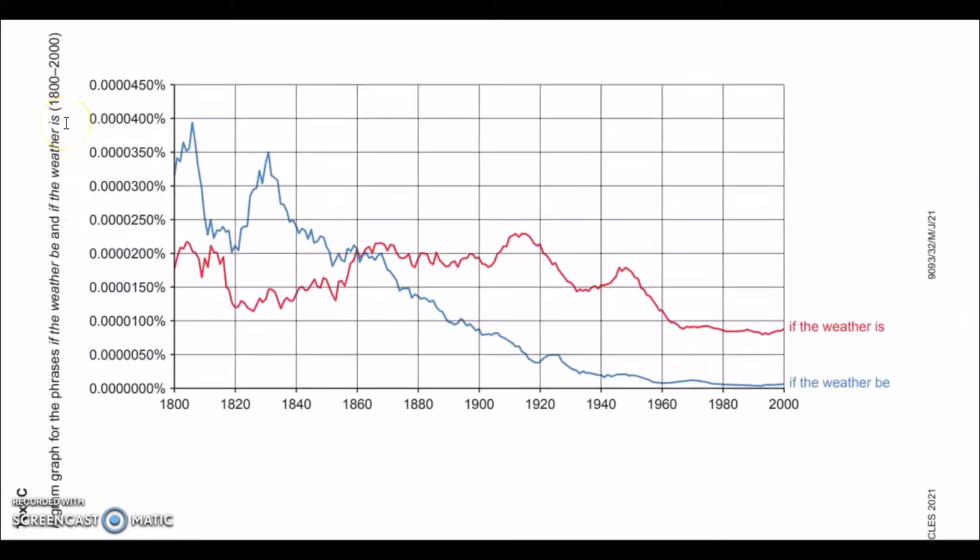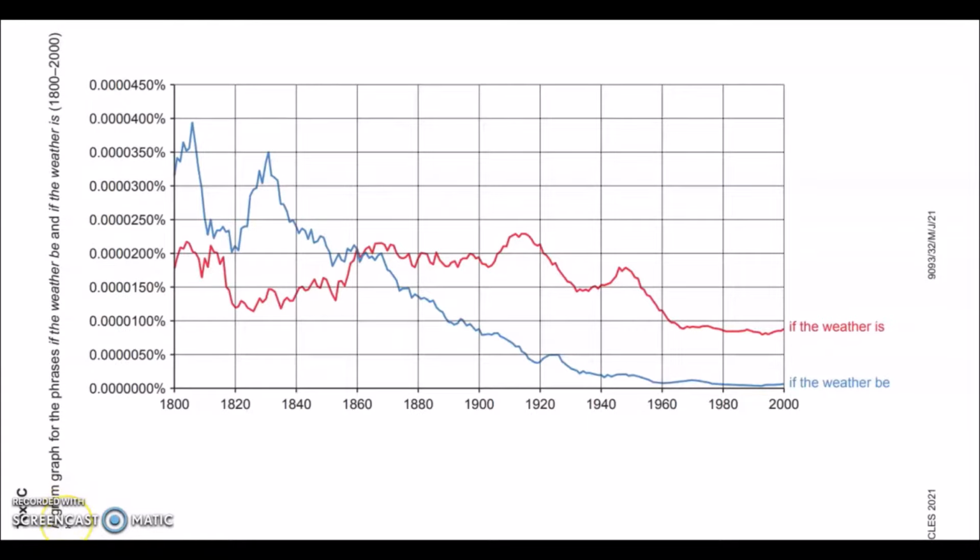At this point, note my suggestion: don't ever change the type of the graph given to you in exams. For example, it is a line graph, but in your exams it is termed as an n-gram graph. So when you write your description, you must write n-gram graph. You say the n-gram graph illustrates the frequency or whatever you are going to write about, but don't call it a line graph, because it is an n-gram graph.